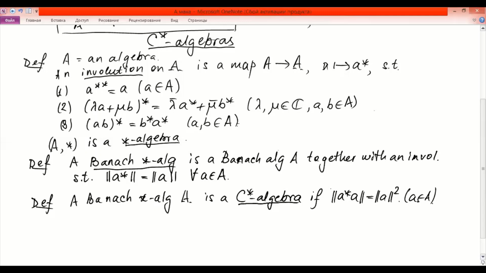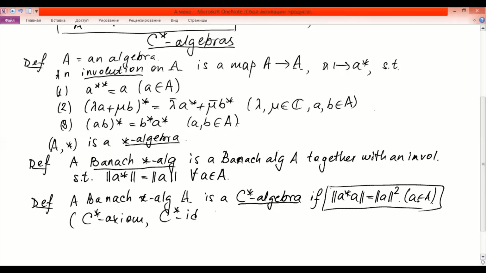This axiom is sometimes called the C-star axiom or the C-star identity. So it's a kind of miracle that such a simple axiom leads to a very rich and powerful theory. In fact, the theory of C-star algebras is much deeper and much more interesting than the theory of general Banach algebras.